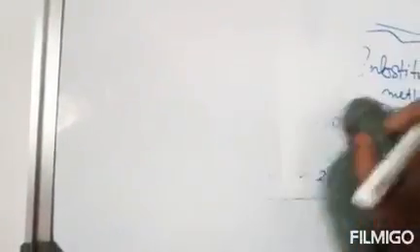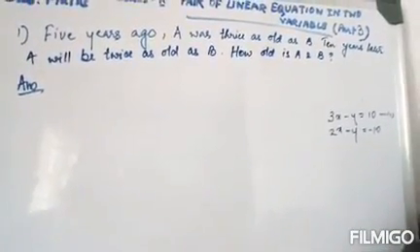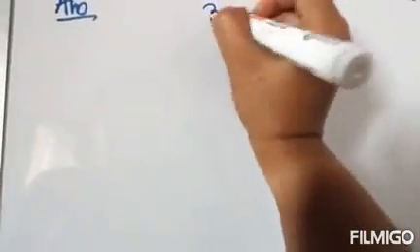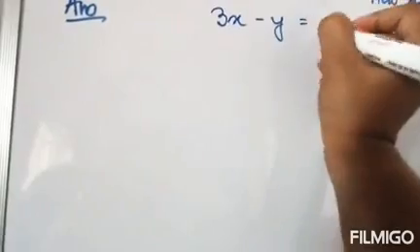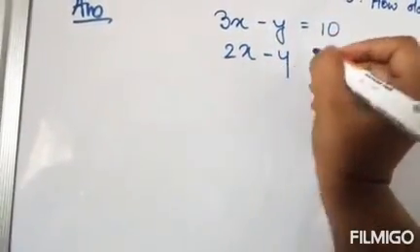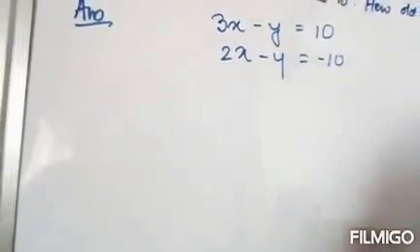Elimination method means what? We have to remove one variable and we have to equalize the coefficients, and we have to eliminate one variable, and again the value that we get after solving, we have to substitute. So I have 3x minus y is equal to 10 and 2x minus y is equal to minus 10.